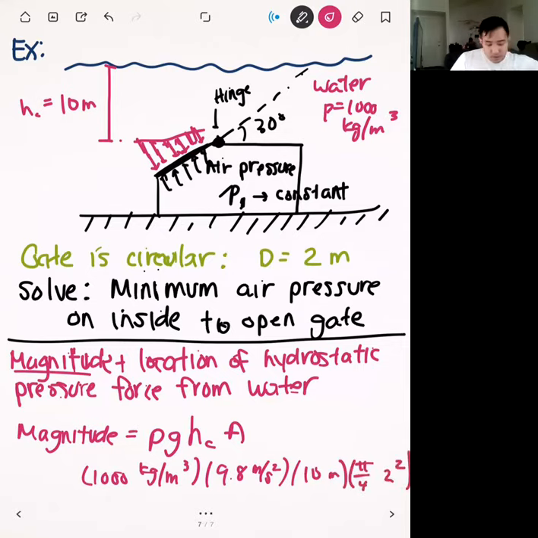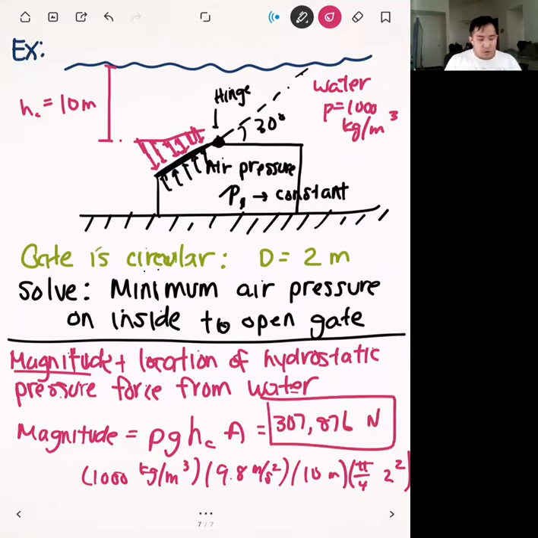Let me get my handy dandy calculator. Let's plug all these in, and what we get is a magnitude of 307,876 newtons. So that's our magnitude of the pressure force.